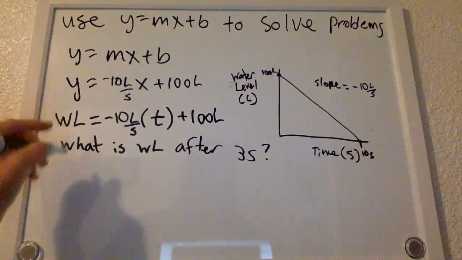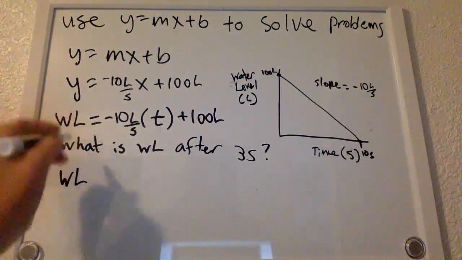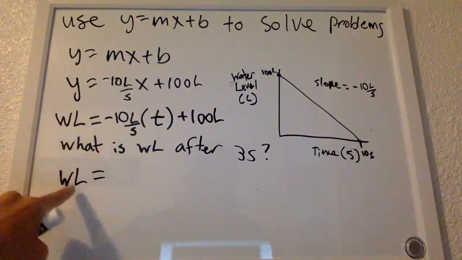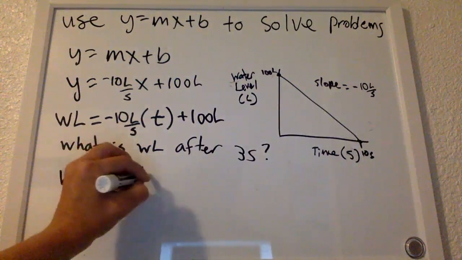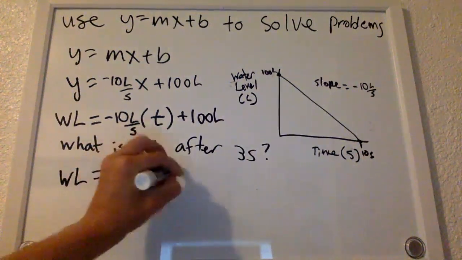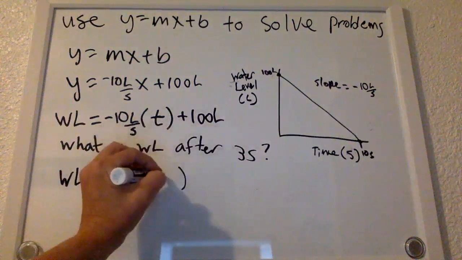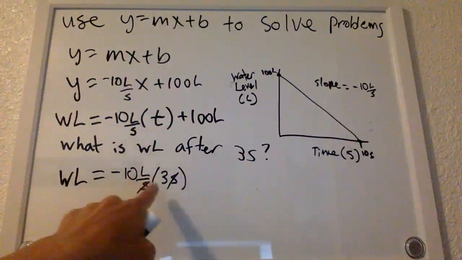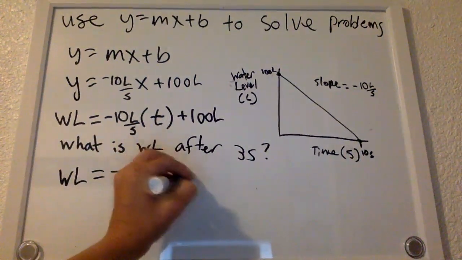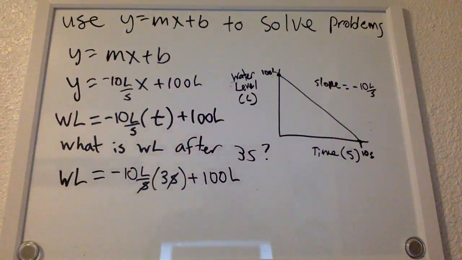So all I have to do is I go water level, that's what I'm solving for, so that just stays as letters, equals my slope, negative 10 liters per second, times my time. Now I just insert my time instead of t. 3 seconds. Now notice that the seconds, my units cancel, plus 100 liters, that's what I started with.